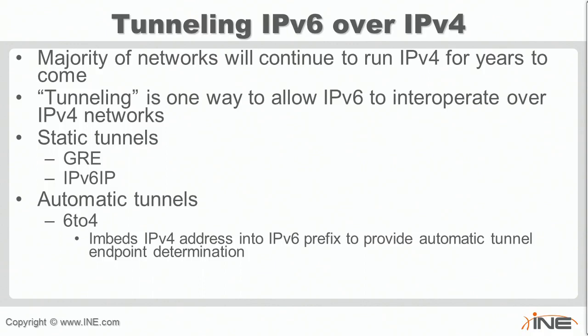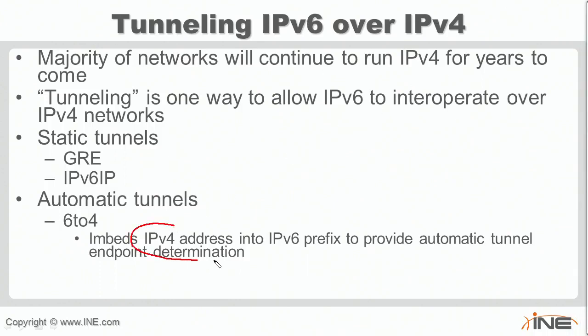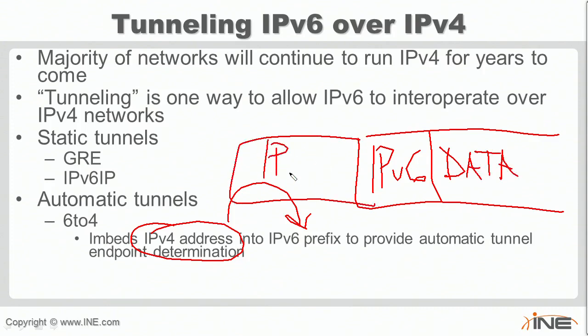Because otherwise, when I send traffic out, it's not going to be able to get back to me. So we can use this technique and just take your version 4 address, put it into the IPv6 network, and then the router is going to do a conversion between the two. And it's going to take your IPv6 payload, or basically the data that's inside the IPv6 packet, and put a new IPv4 header on top of it.